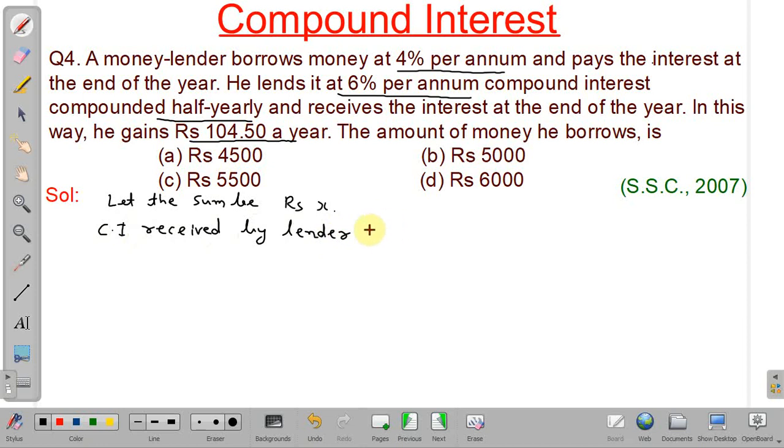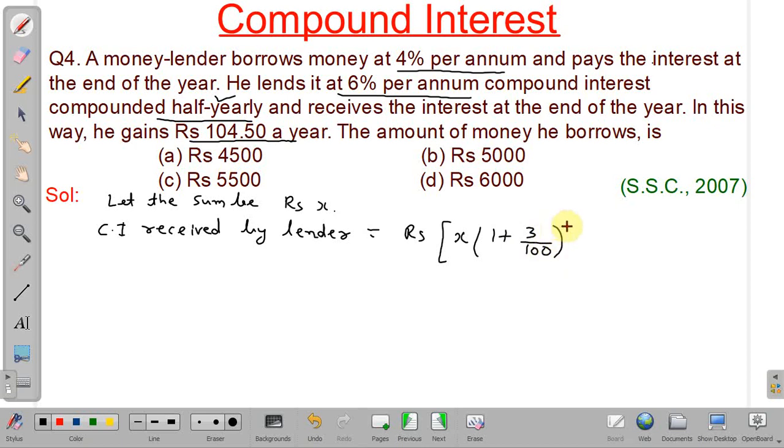and it will be equal to rupees, sum is X into 1 plus 3 by 100. He is giving at 6% per annum, but this is the per annum rate. As the compound interest is compounded half yearly, the rate will be half. So it will be 6 by 2, that is 3%. So 3 by 100 to the power number of half years.